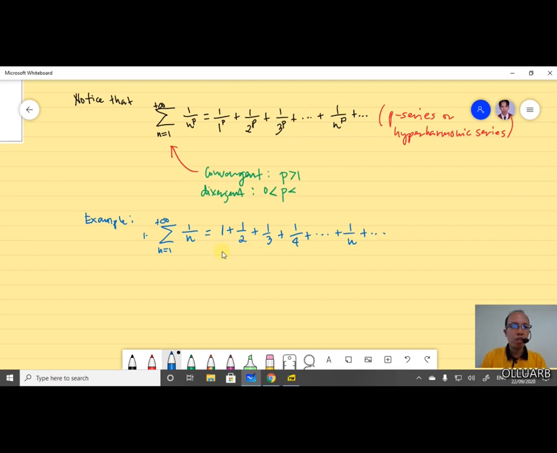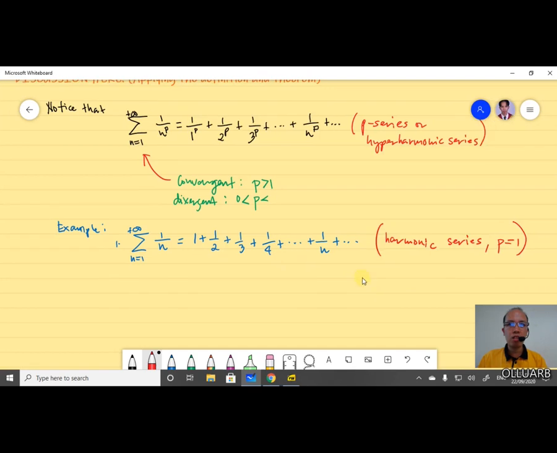In this case, this is the usual harmonic series, and your p here is equal to 1.